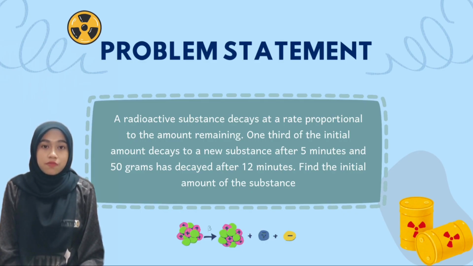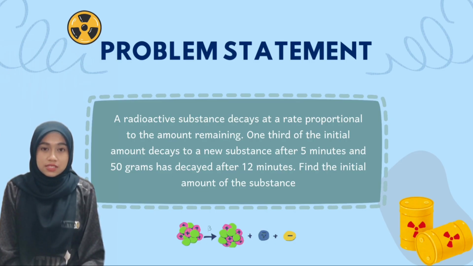In other words, after 5 minutes have passed, 1/3 of the original quantity of the substance has already undergone radioactive decay. In addition, it is given that 50 grams of the substance has decayed after 12 minutes. This information provides us with another condition that helps describe the decay process over time.